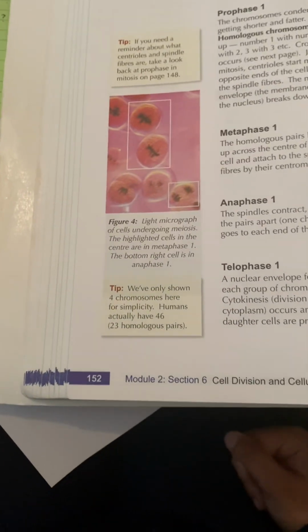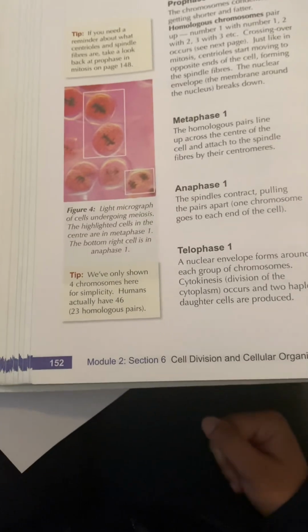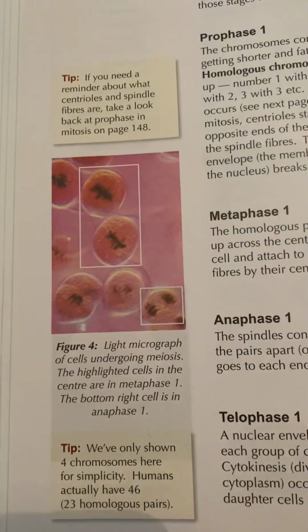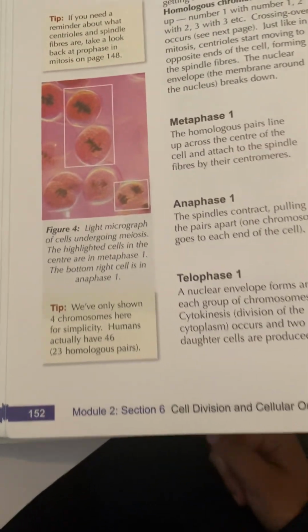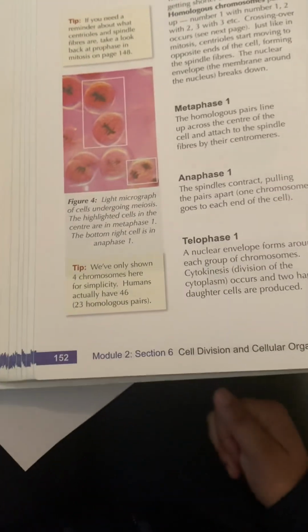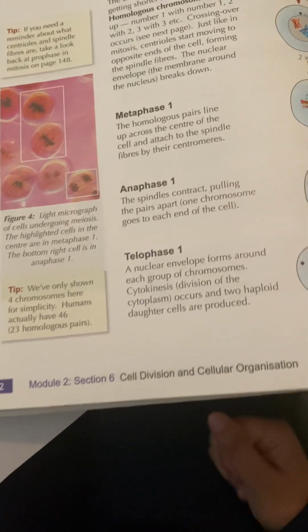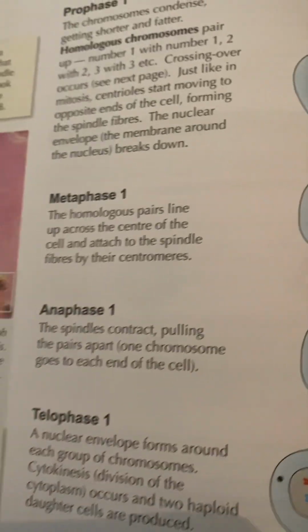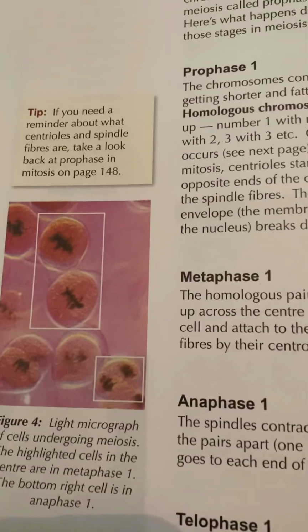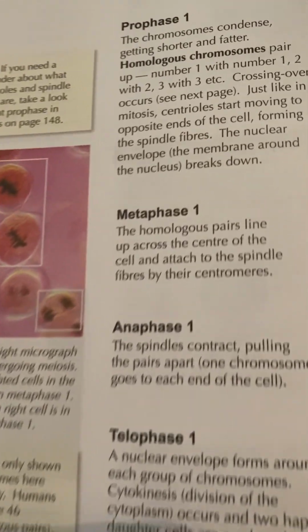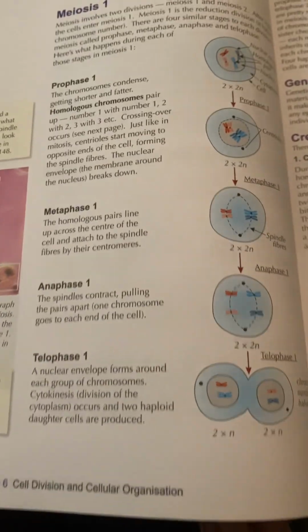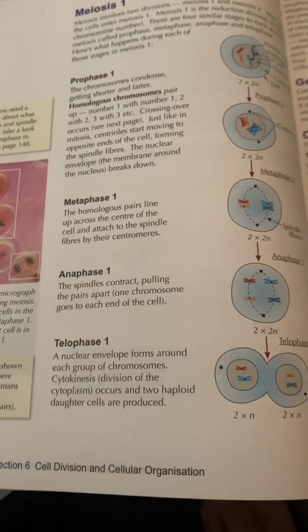In telophase 1, a nuclear envelope forms around each group of chromosomes. Cytokinesis, which is the division of the cytoplasm, occurs and 2 haploid daughter cells are produced. So then meiosis 2 occurs.